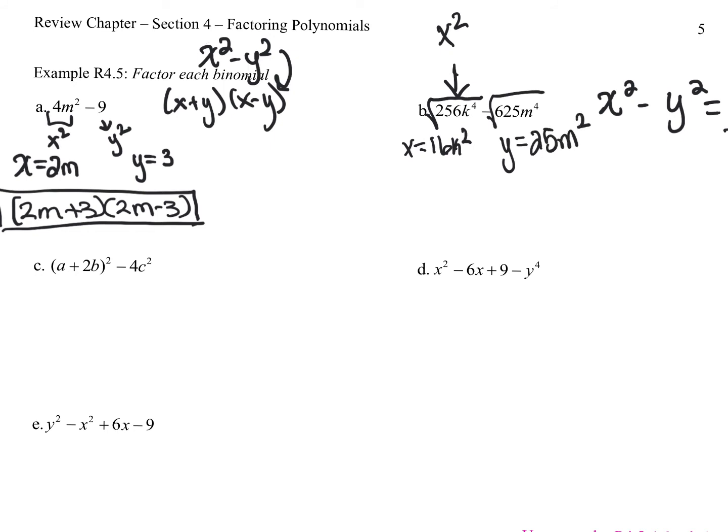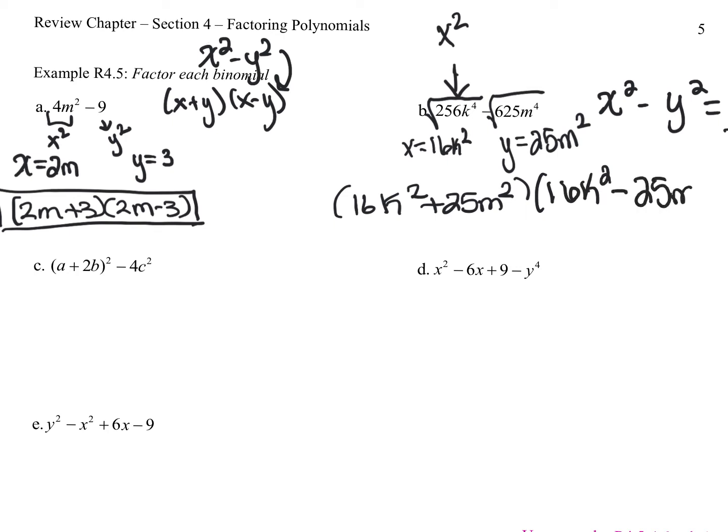And then I'm going to plug it into my pattern over here. So it factors into 16k squared plus 25m squared times 16k squared minus 25m squared.